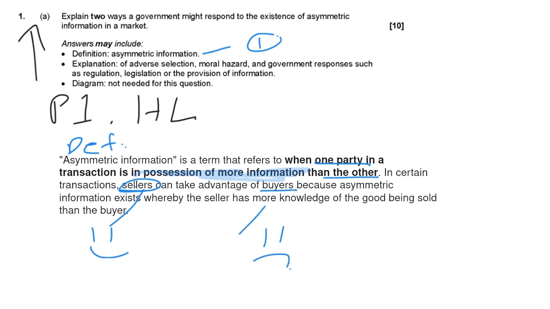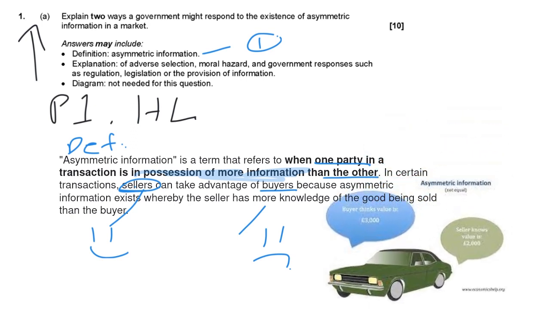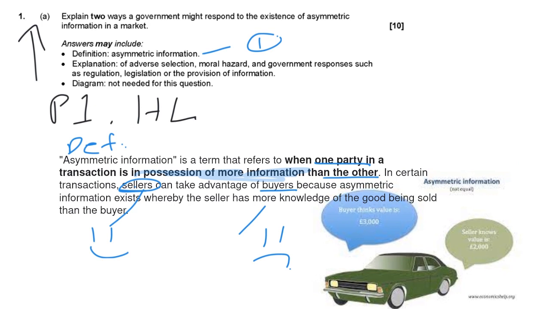Now I'm going to give you one example to illustrate this idea. Take a look at the example in the cartoon, in the bottom right. The seller knows there are a lot of defects in this second-hand car, so it is only worth 2,000. But the buyers do not have such information about the defects, so they might think it is worth 3,000.